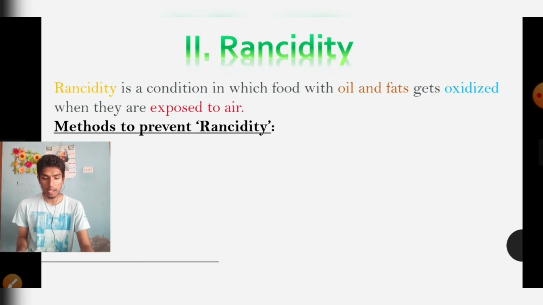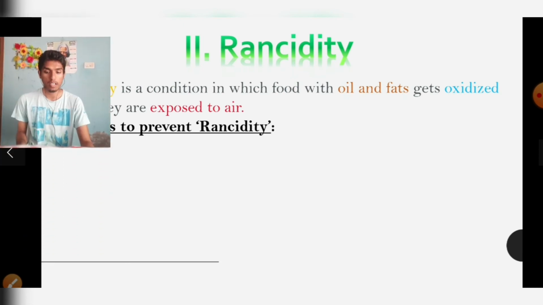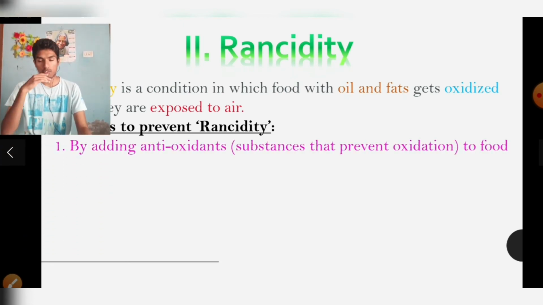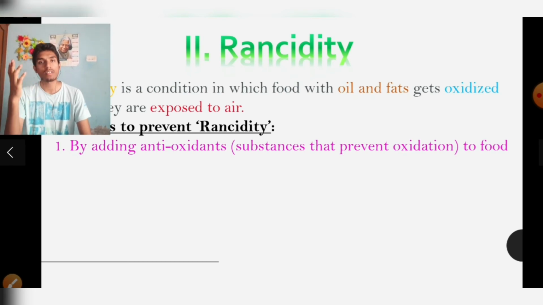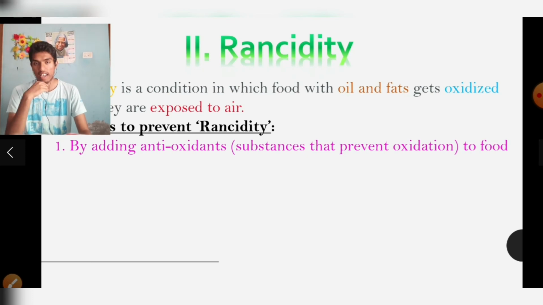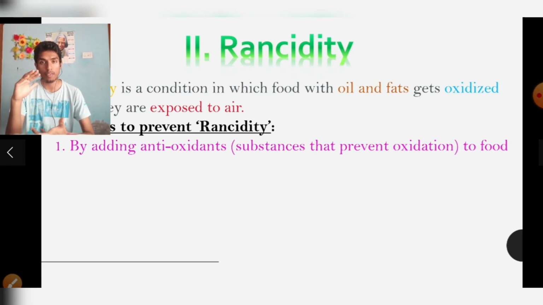Now there are certain methods by which we can prevent rancidity. One is adding antioxidants to food. Antioxidants can be found in the packed food that we bring from supermarkets, like chips and chocolates. How are they retaining those food products? By adding antioxidants, which prevent the reaction of food products with oxygen.